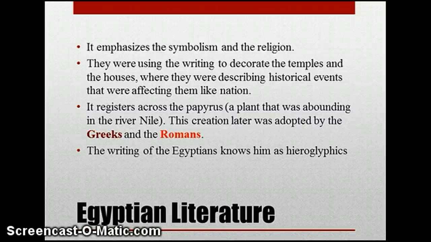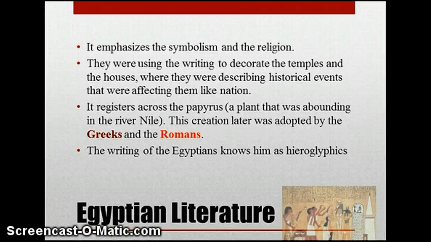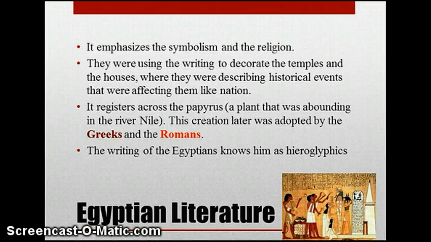Those are symbols, a code to communicate information, historical facts. As you can see in the image, this image is from the Book of the Dead.